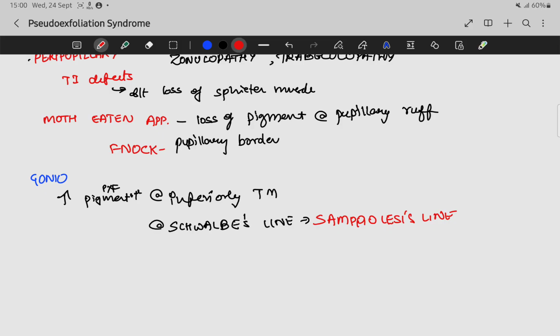Okay, now coming to pathogenesis of this pseudoexfoliation material. So these are actually microfilaments. There is a hypothesis of this pathogenesis called the elastic microfilament hypothesis.